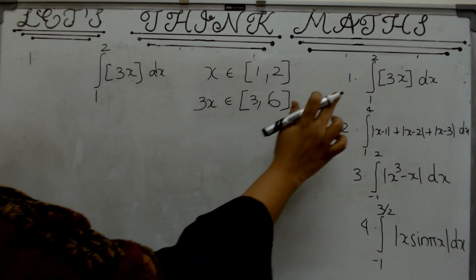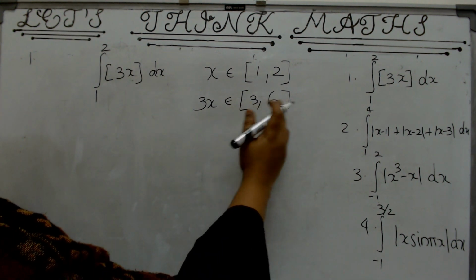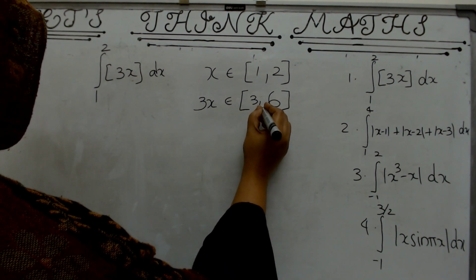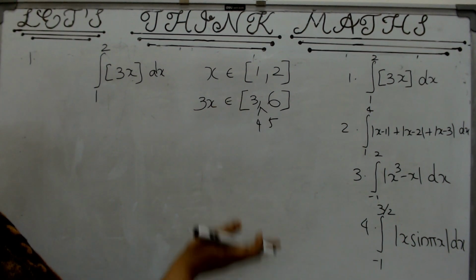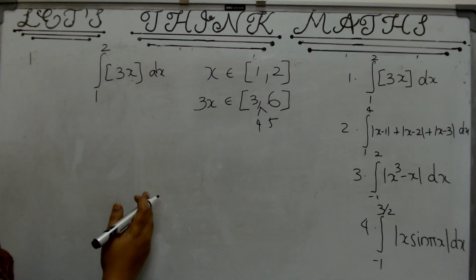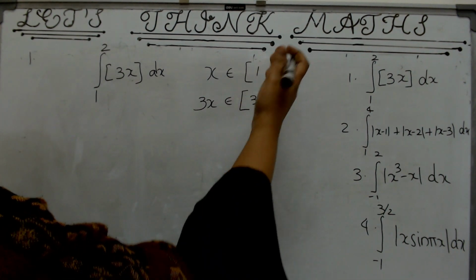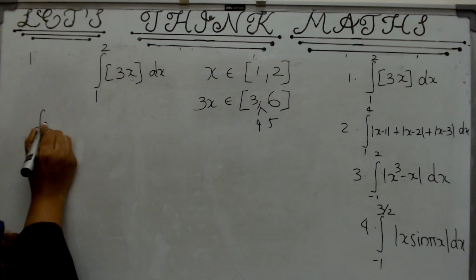Right? Just multiply throughout by 3. And how many integers are there in between 3 and 6? There is 4 and 5. So from 3 to 4, everything will slide back to 3. From 4 to 5, everything will slide back to 4. From 5 to 6, again to the lower limit. Then how will your function look like?